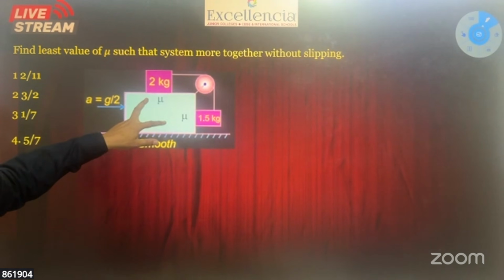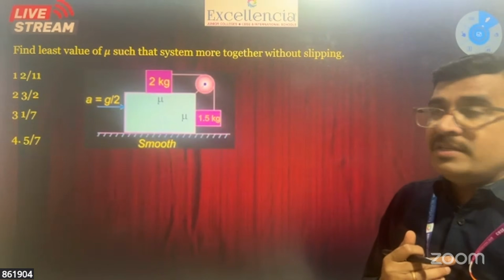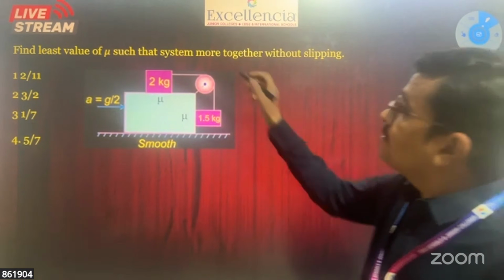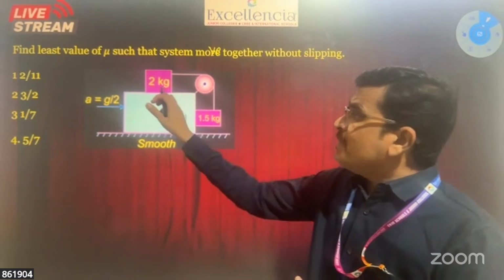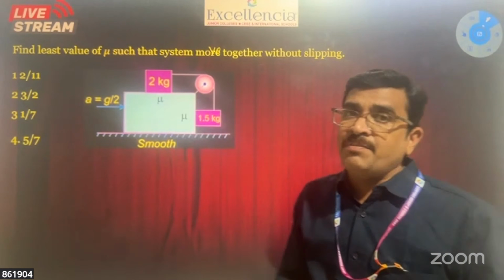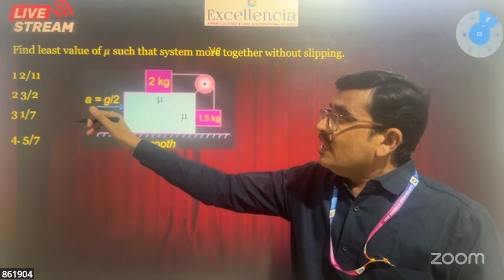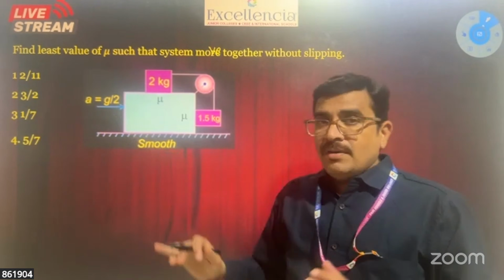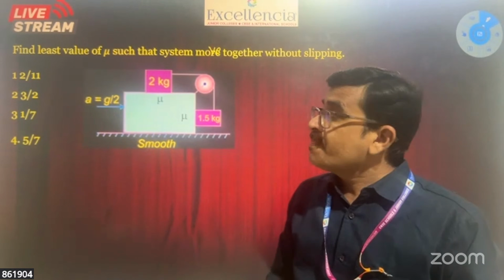Find the least value of mu such that the system moves together without slipping. So all these masses, that is the 2 kg, are not slipping here. That's the condition mentioned. So first of all, with respect to the acceleration of the base, which is a equal to g by 2.